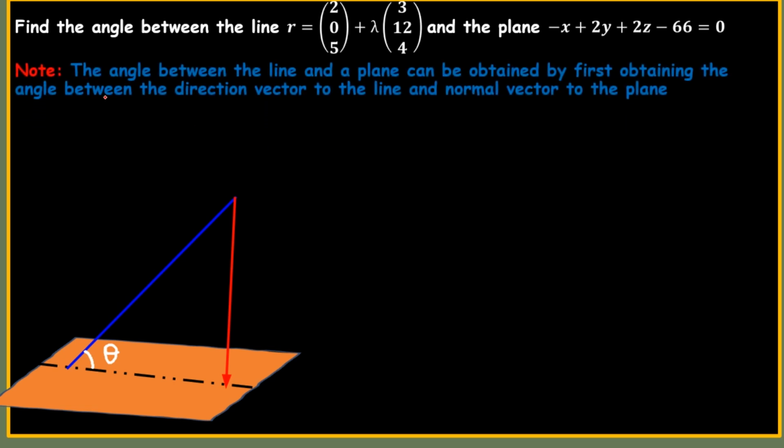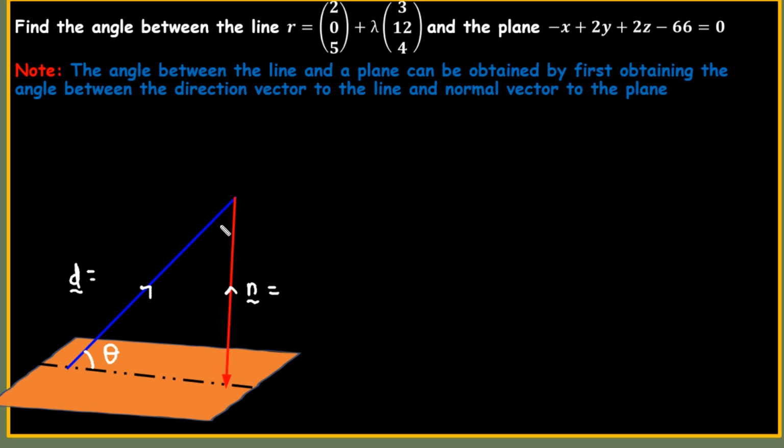I'm going to say the angle between this line and the plane can be obtained by first obtaining the angle between the direction vector to the line and the normal vector to the plane.